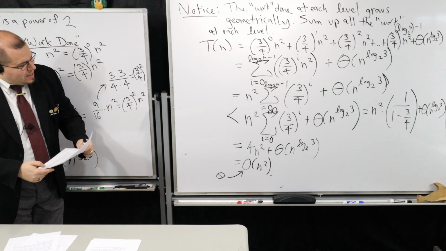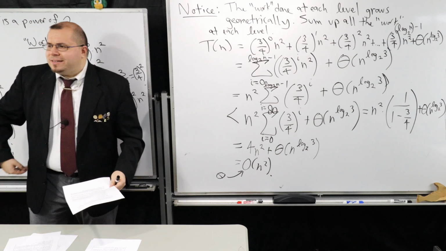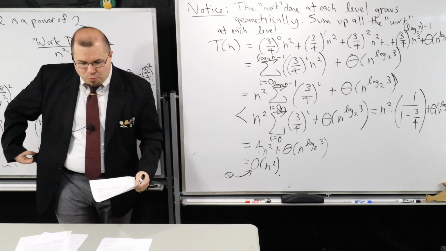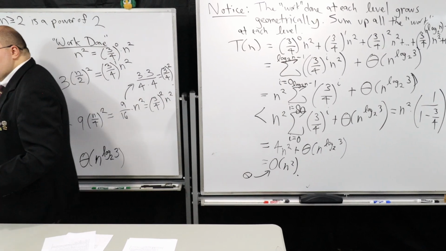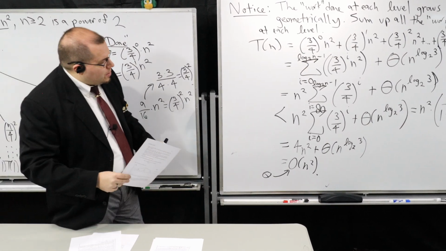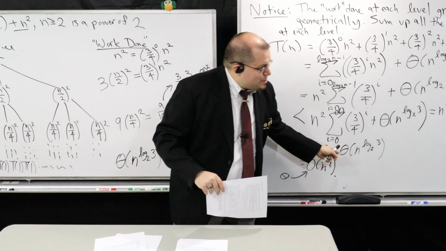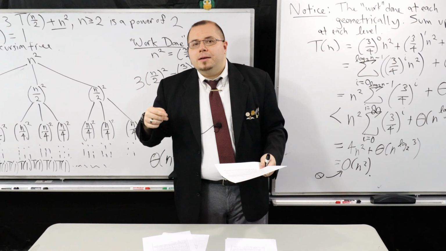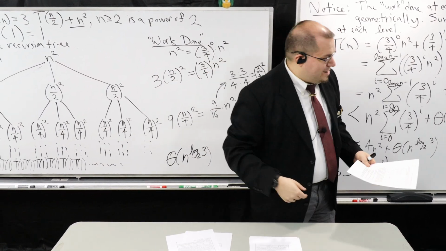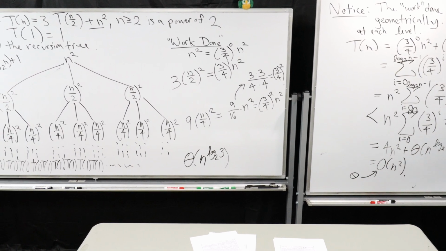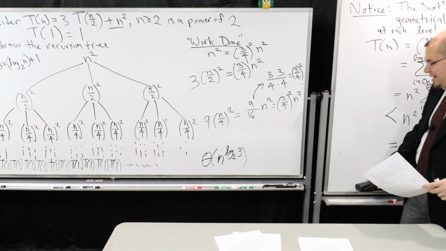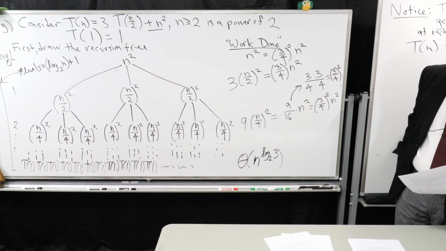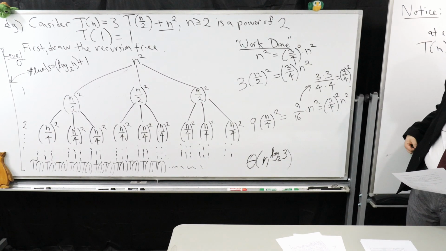Perfect. So let me just recap one small detail. It's going to be important for next lecture, okay? Then we're going to stop right here. Now, you'll notice that in my running time, the reason why I wrote it like this, where you can see the leaves straight out, if you look back at this recursion tree, so I'm moving on over here so you can see the tree, I want you to notice that when I actually calculated out my sum over all the levels, which term dominated the running time?